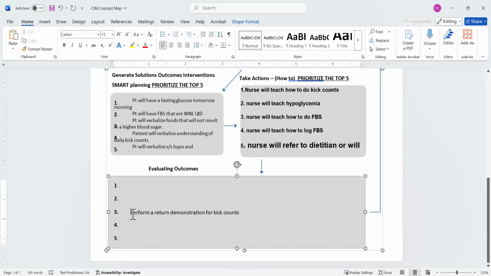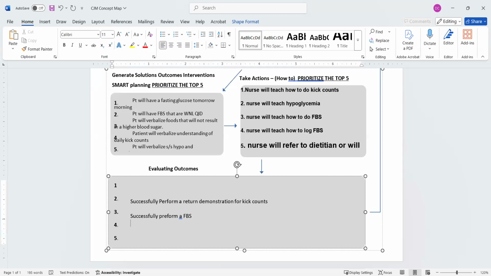How about successfully? And then maybe successfully perform a finger stick blood sugar.